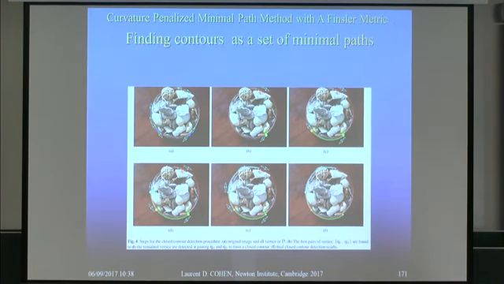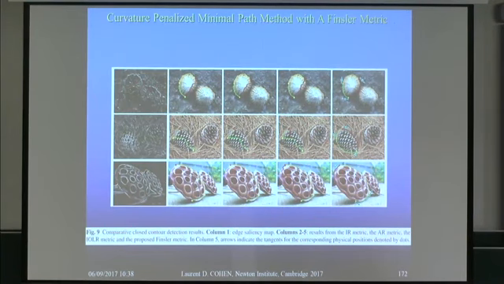Then from Q2, you start the fast marching evolution, and the first point met is Q3, etc. Q4, and then you link Q4 to Q1, and you get here a set of Finsler paths that make a closed contour, and this closed contour corresponds to the boundary of the image, so it looks easy here. But what you can see in these different examples is that the image features are very complex.